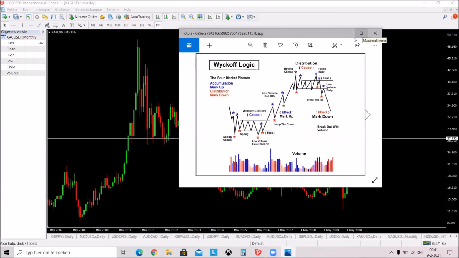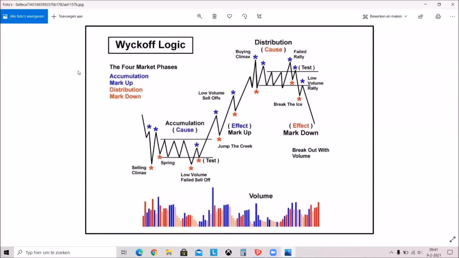I will explain it very briefly. You basically have four phases: the accumulation phase, the markup phase, the distribution phase, and the markdown phase, which is a downtrend. Before a new trend starts, in most cases there will be a range, because a bigger player needs to accumulate a position.